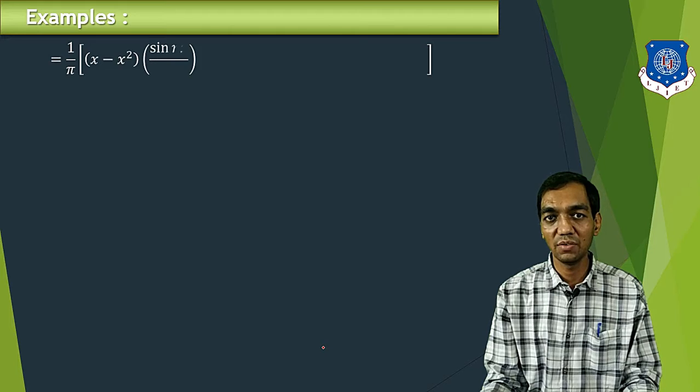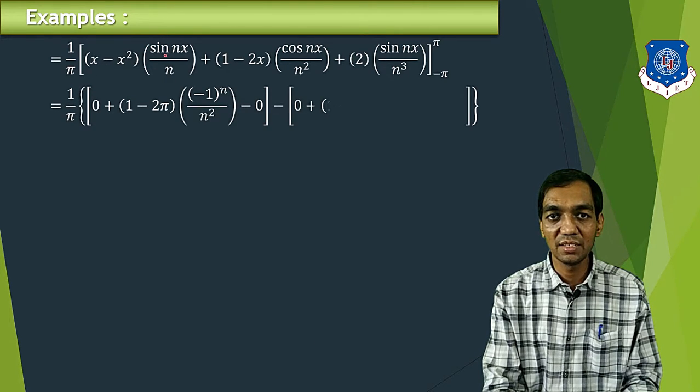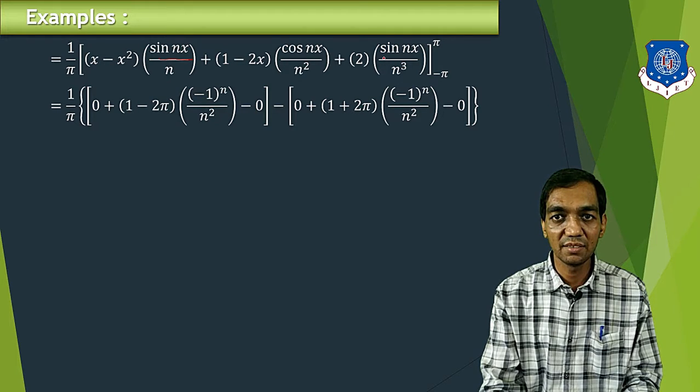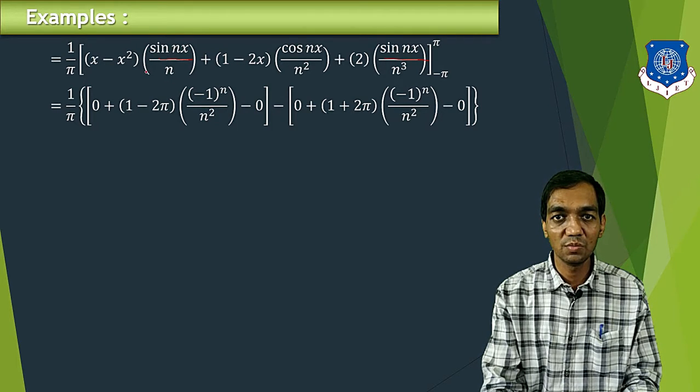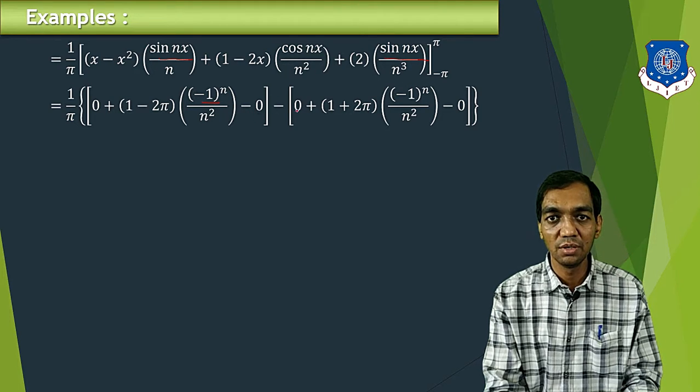Now if you put in the values, sin n pi has a value 0. Sin n pi has a value 0. So these two terms are going to be 0 for the upper limit. And cos n pi has a value minus 1 raised to n. So this is 0 plus 1 minus 2 pi into minus 1 raised to n upon n square. This term will be 0.